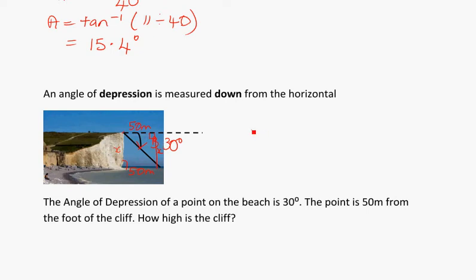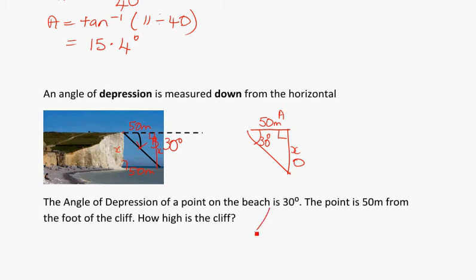So let's pull the triangle out. We've got X, we've got 50 metres, and we have 30 degrees. Okay, so we're going to label the sides, opposite and adjacent.